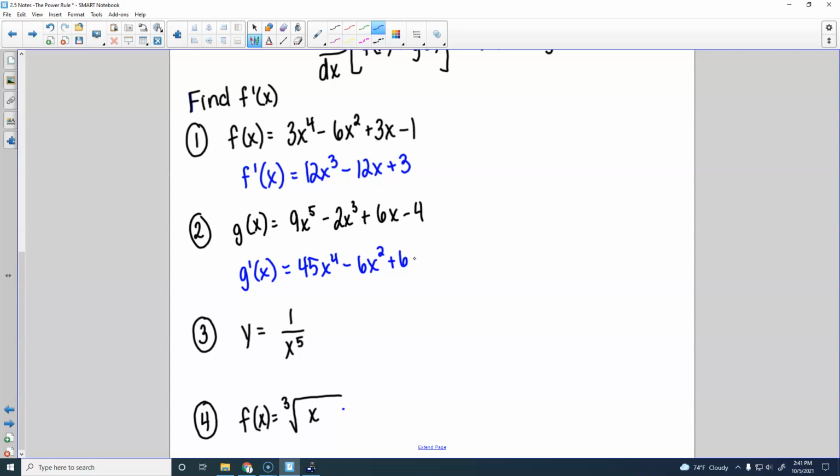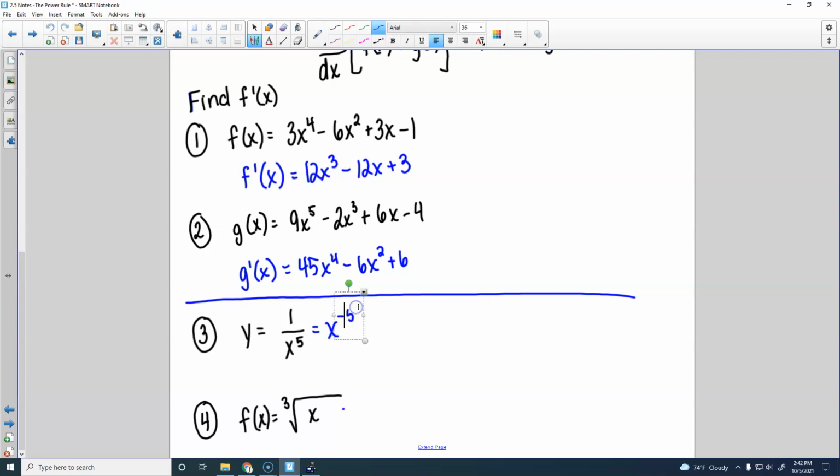All right, here is where you might want to start writing down to make sure you're with me on these. Okay, so y equals 1 over x to the 5th. I can't take the derivative with it looking like the fraction as it is. But how could I rewrite this? x to the negative 5th.